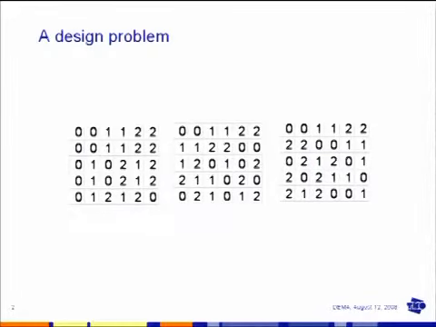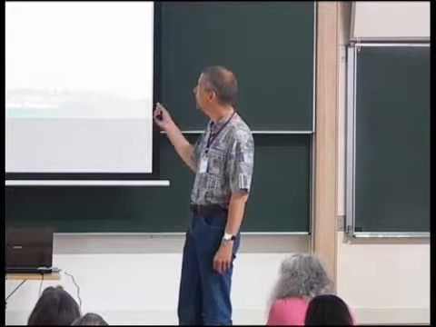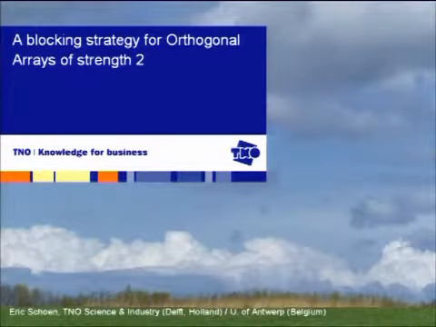So the problem is how to block an orthogonal array of strength 2 in orthogonal blocks of equal sizes. The title of my talk is accordingly a blocking strategy for orthogonal arrays of strength 2.